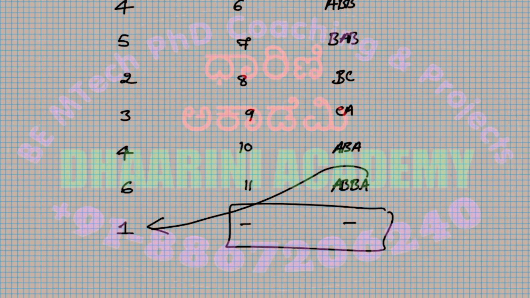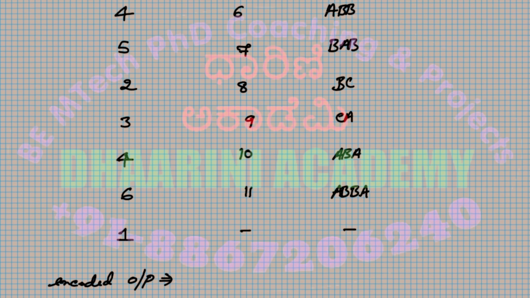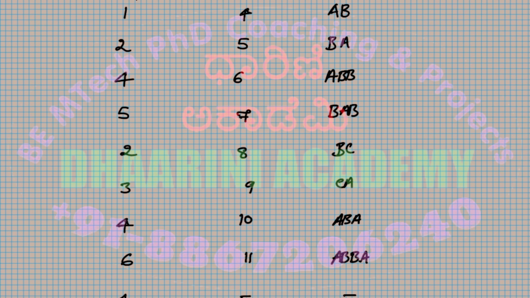That's all. So now if we want to write the encoded output, that will be only these numbers starting from here. This is your encoded stream. That's the output. So we'll write that one.